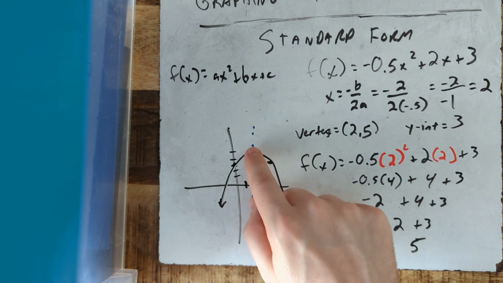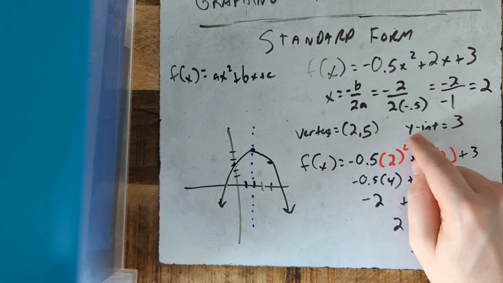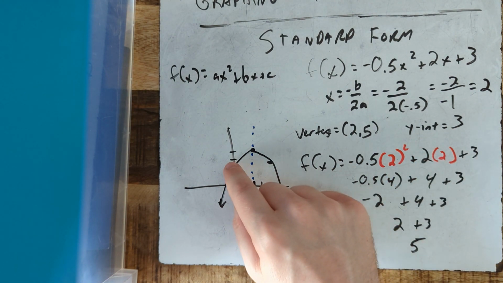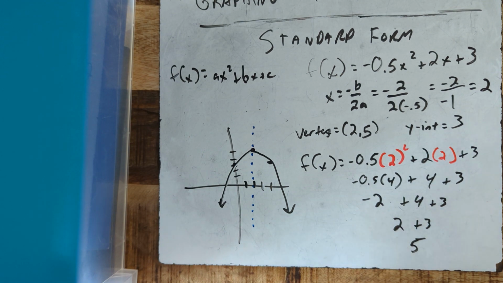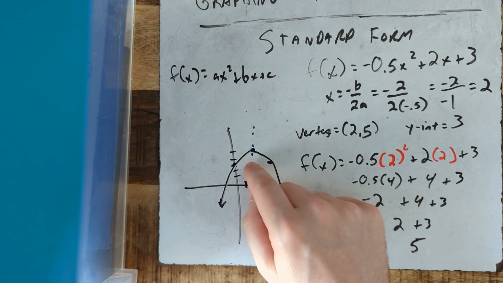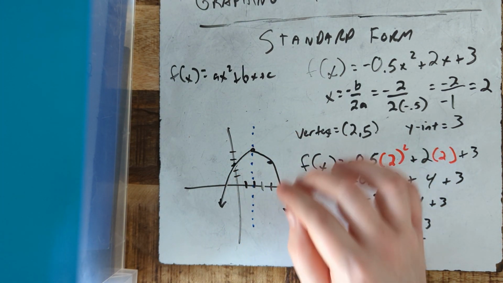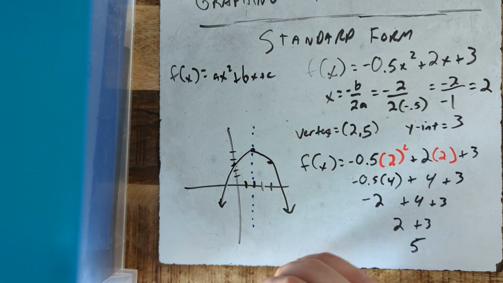Y-intercept is at 3, so go to 3 on the y. Plot. Using our axis of symmetry, we know that it's 2 away from the vertex at 3 on this side, which means it's going to be 2 away from the vertex at 3 on this side as well. And we draw our line, okay? So this is a simple way of doing this. That's how we would graph our quadratic functions in standard form.